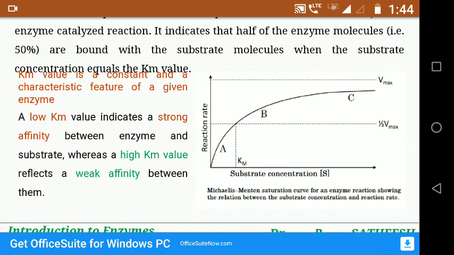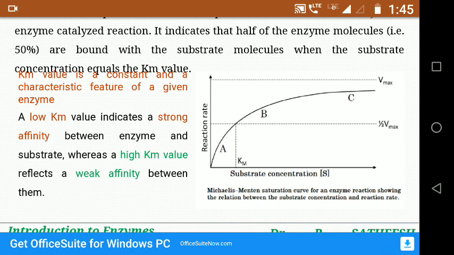So a low Km value means a low substrate concentration. Even at low substrate concentration, the velocity of the enzymatic reaction reaches maximum velocity. That means the affinity between the enzyme and substrate is high, and vice versa.